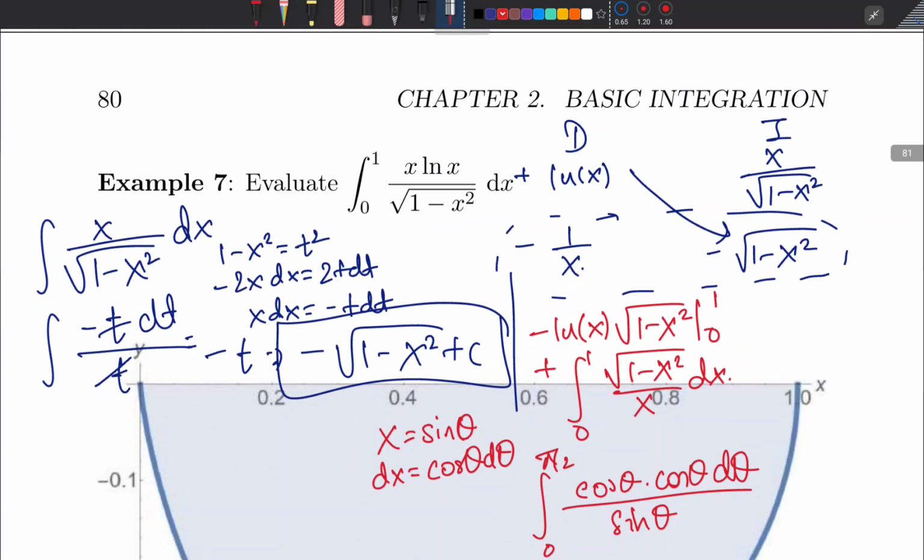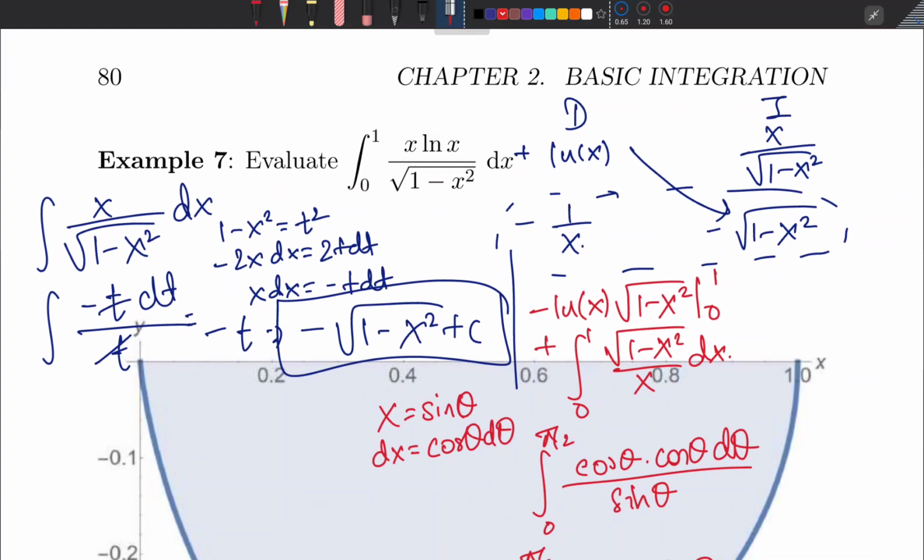What I did here, did I make a mistake? I'm not sure. T is the square root of 1 minus x squared, and the integral of minus dt is just minus t, right? Because I have assumed 1 minus x squared equals t squared.